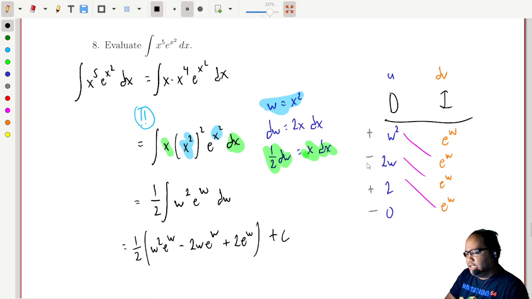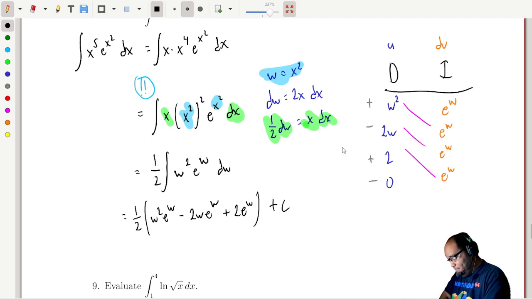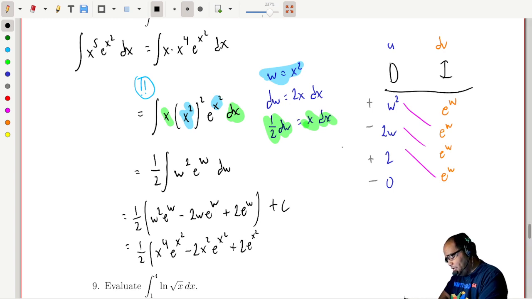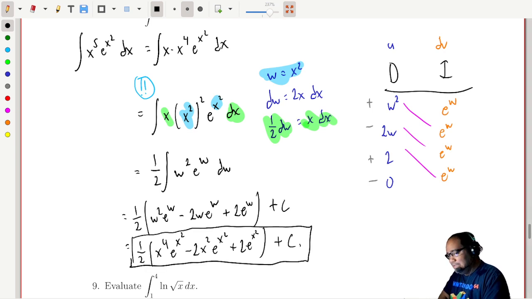Now you back substitute. w is x squared. So w squared is x to the fourth: x to the fourth e to the x squared, minus 2 x squared e to the x squared, plus 2 e to the x squared, plus a constant. You see how slick that is? See how clever that is?